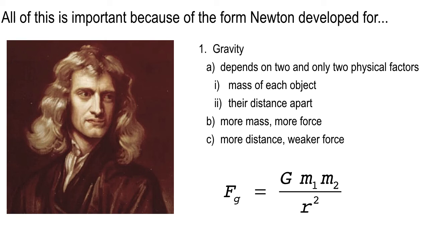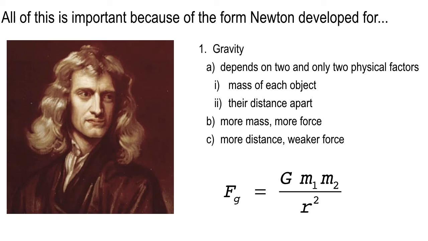And he said, because of that 60 and 3,600 tip-off, I think that the distance is going to be in the denominator, and it's going to be the square of the distance. Not the first power, not the third power, not the 2.7 power, but exactly the r to the second power in the denominator. This is what we call an inverse r squared force.